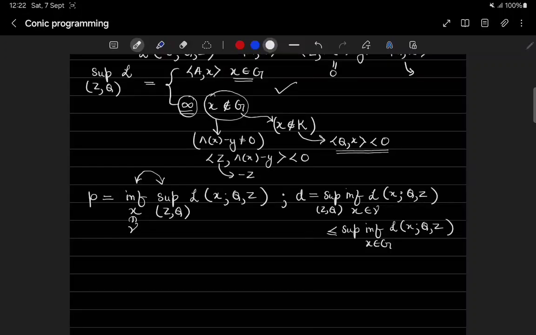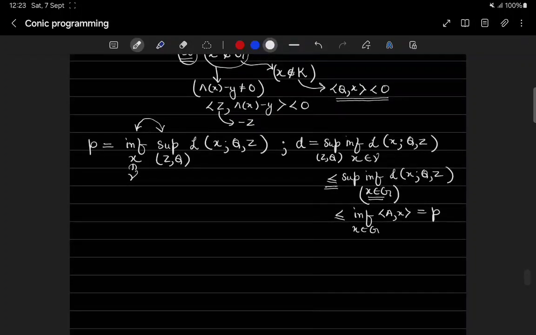Because there is an infimum and I am restricting the set to G, there is a greater than or equal to sign, and this is again upper bounded by, I can remove the supremum now because x is already in G, the infimum over x belonging to G of Ax, which is P. So this means that the dual problem is always upper bounded by the primal problem.